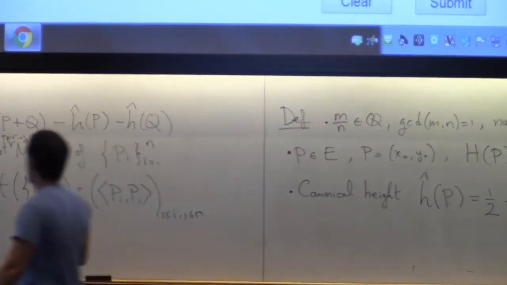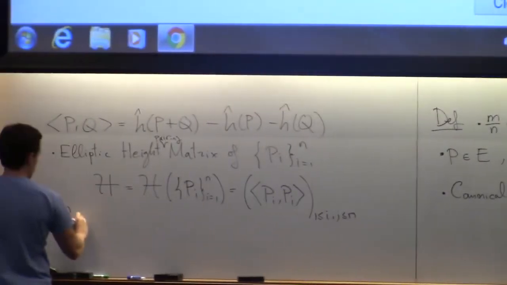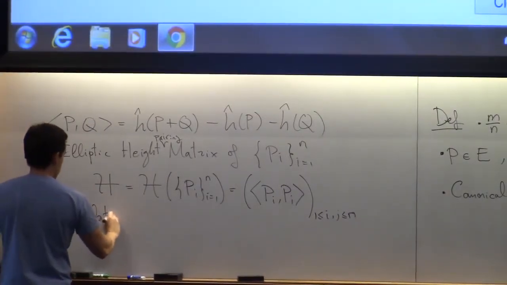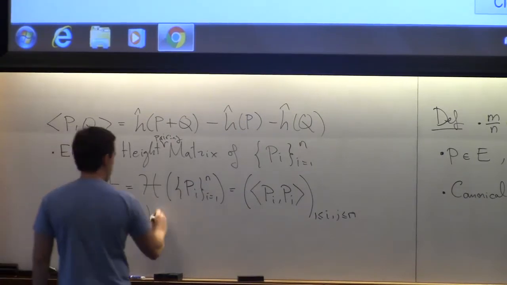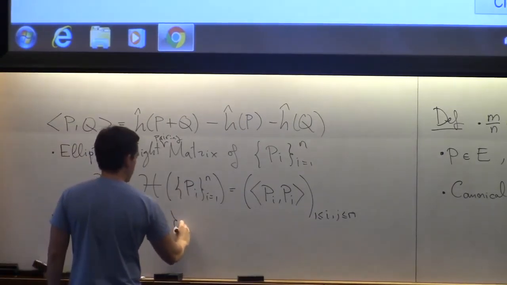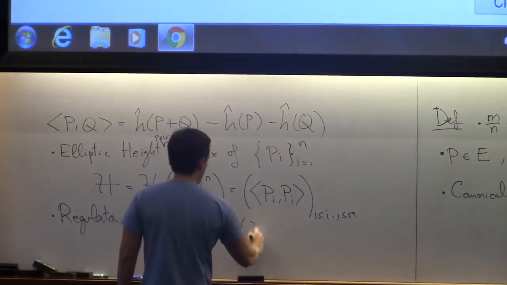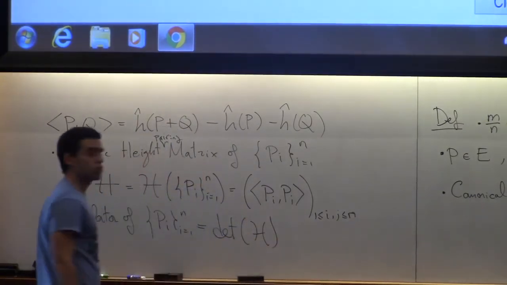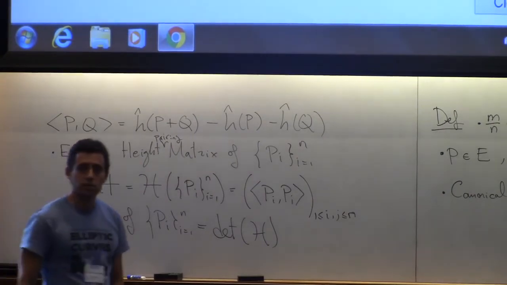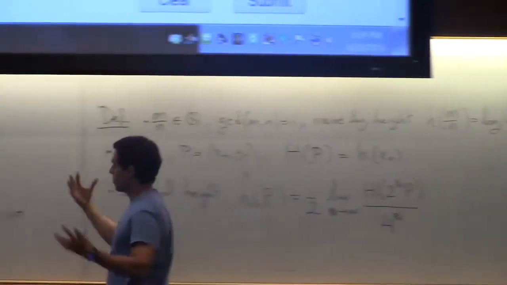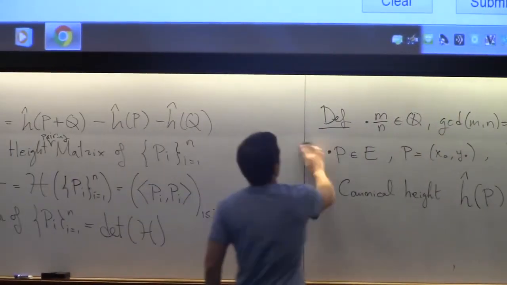Okay? So I call this the regulator of the n-tuple of points. That is going to be the determinant of H, the elliptic height pairing matrix. Okay? And again, I'm not proving these properties to you.